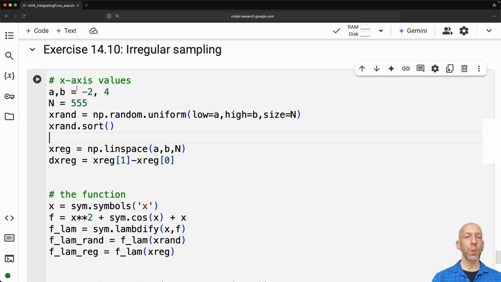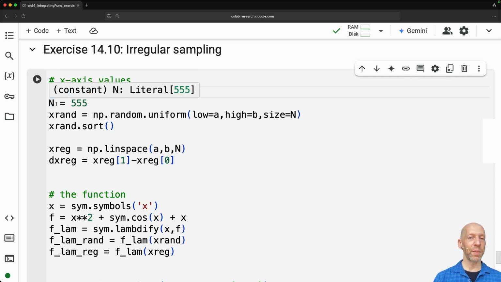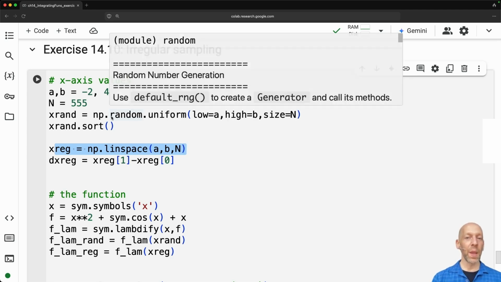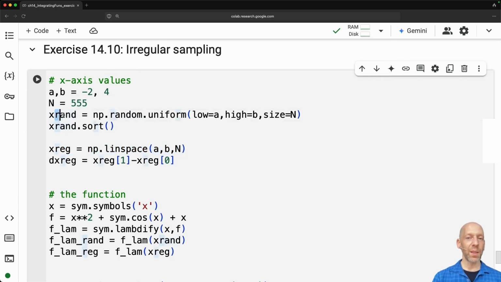Here you see the 2 sets of x-axis values. So these are the bounds, A and B. Here I'm specifying that we have 555 elements, and for the regular x-axis spacing, this is just n linearly spaced numbers between A and B. Nothing surprising there. Here is where I use the numpy.random.uniform function.